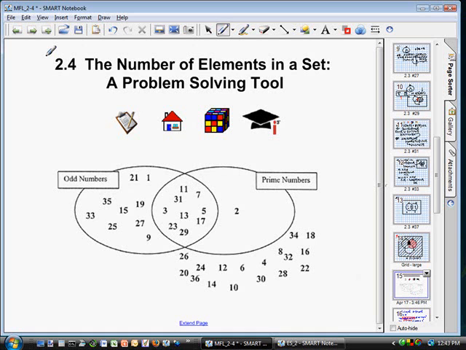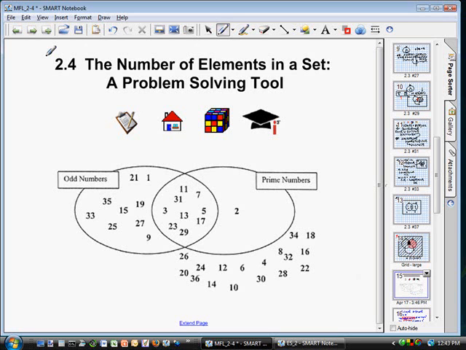And you notice there's kind of a Venn diagram on the screen. Does that make sense to you? Do you recognize anything up there? The circle on the left is called the set of odd numbers. And if you look, all the numbers in that oval on the left are odd. And then the one on the right is prime numbers.